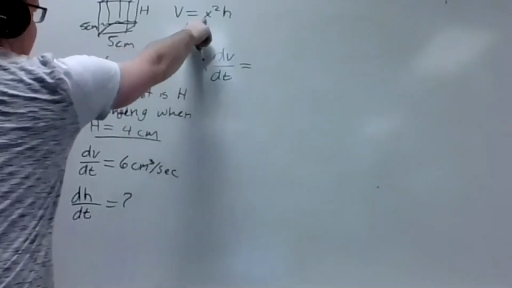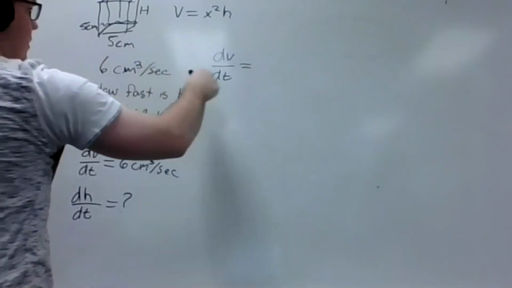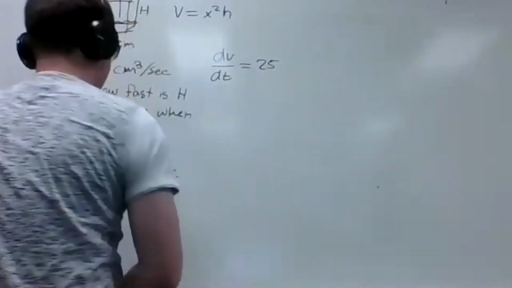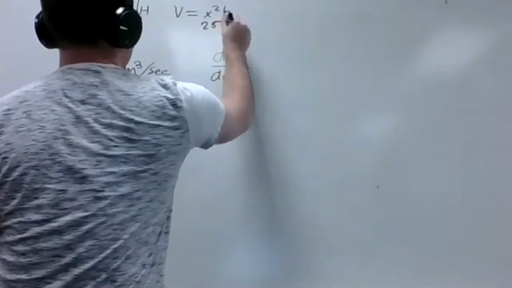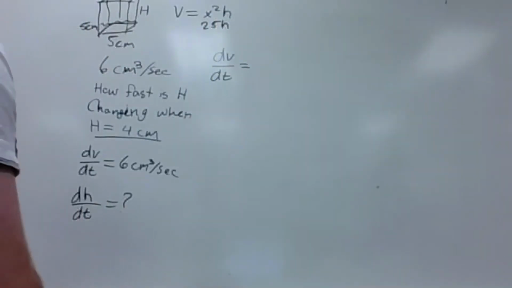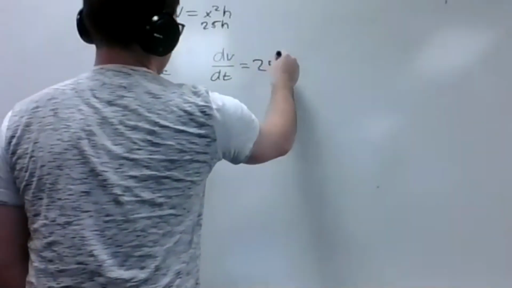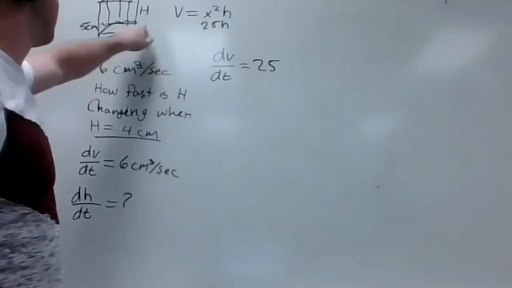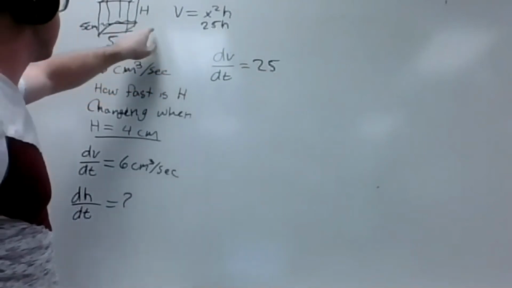Because of that, we can treat this as a constant. And if it's a constant, I just like plugging constants in. So we can say that this up here is 25, so 25h. When we're taking the derivative, the constant will stay the same, but h, our height, is dependent upon time. Just as our volume is dependent on time, so is our height.